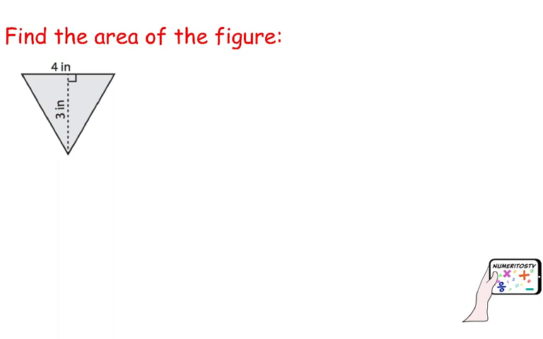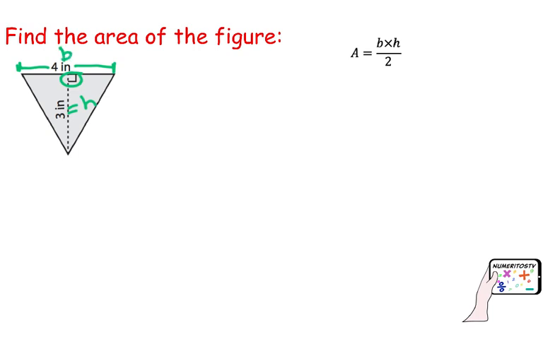What about this figure? This figure is a triangle. So we are going to be using the formula of a triangle, that is base times height divided by 2. So in this case, we can see that 3 inches is perpendicular to this side of 4 inches. So we are going to be using 3 as height and 4 inches as your base.